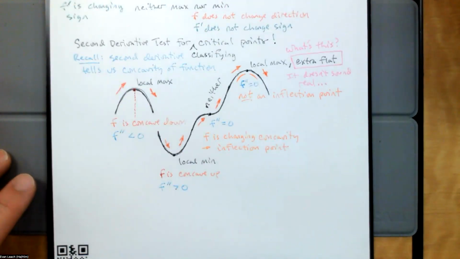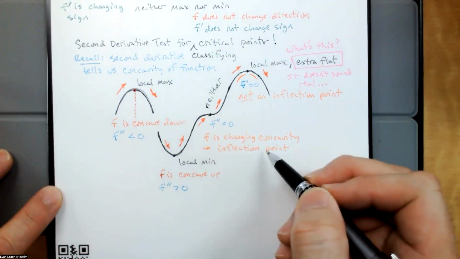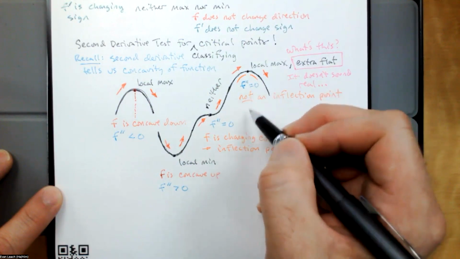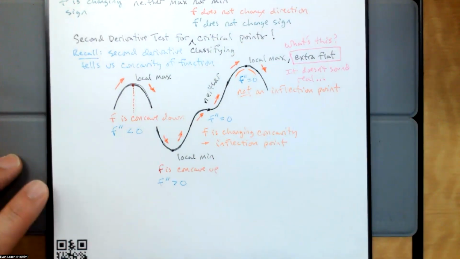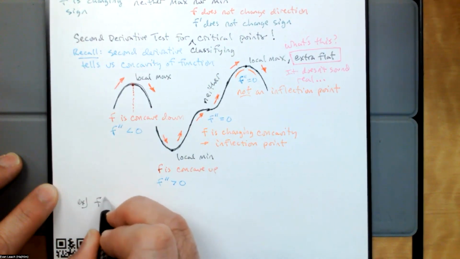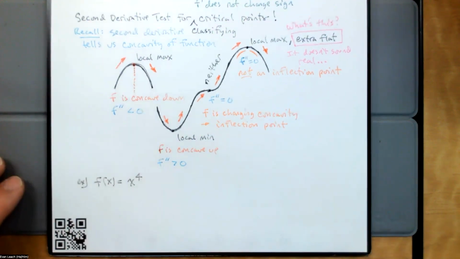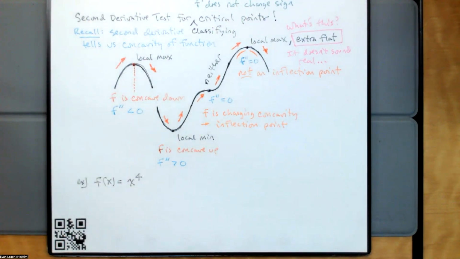Here's our favorite example of second derivative is 0, inflection point, second derivative is 0, not inflection point. We think of the function x to the 4th.